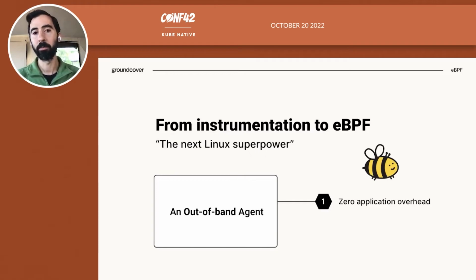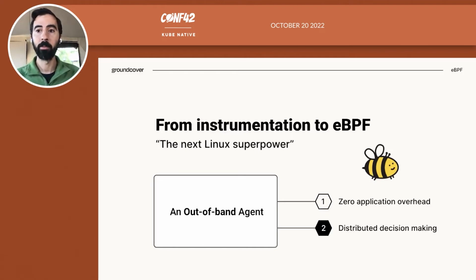That suddenly opens up two interesting use cases or ways to think about what we can do. It means that everything we do inside this agent wouldn't create an overhead on the application. So, for example, if we make some kind of complex decision or run some kind of complex algorithm inside this agent, it wouldn't necessarily mean that we may slow down the performance of the application we're trying to monitor.